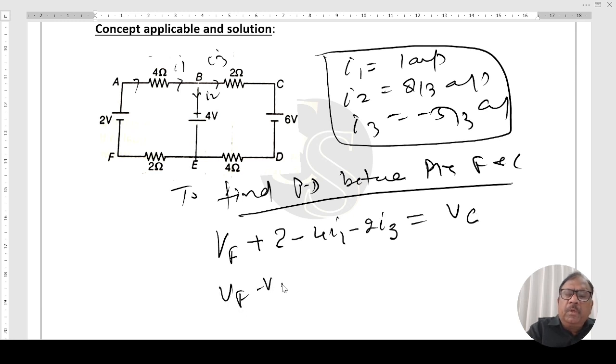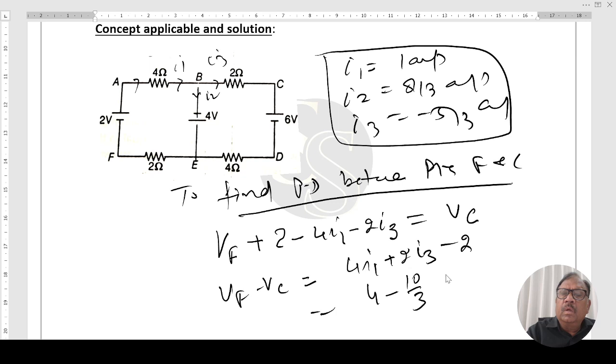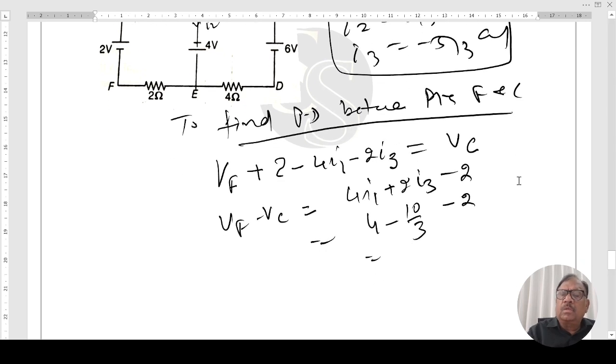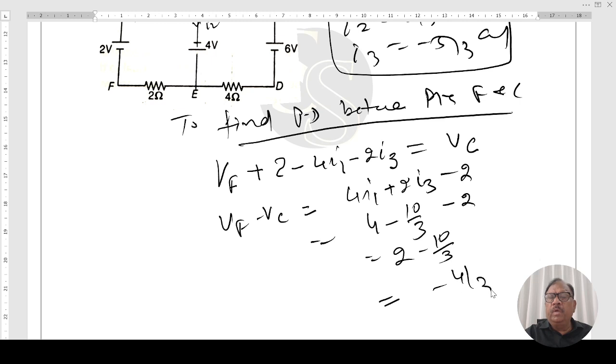Vf minus Vc comes out to be 4I1 plus 2I3 minus 2. Substituting the values, 4 minus 10 by 3 minus 2. On simplification, this comes out to be 2 minus 10 by 3, which is minus 4 by 3 volt.